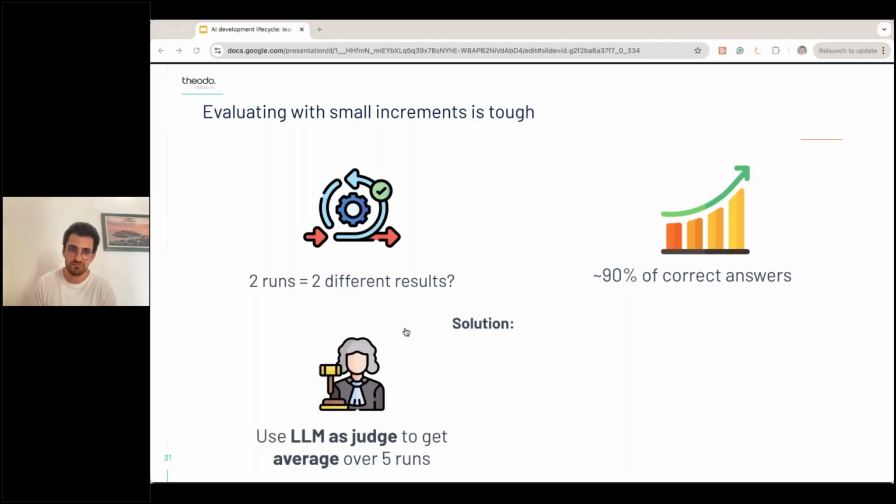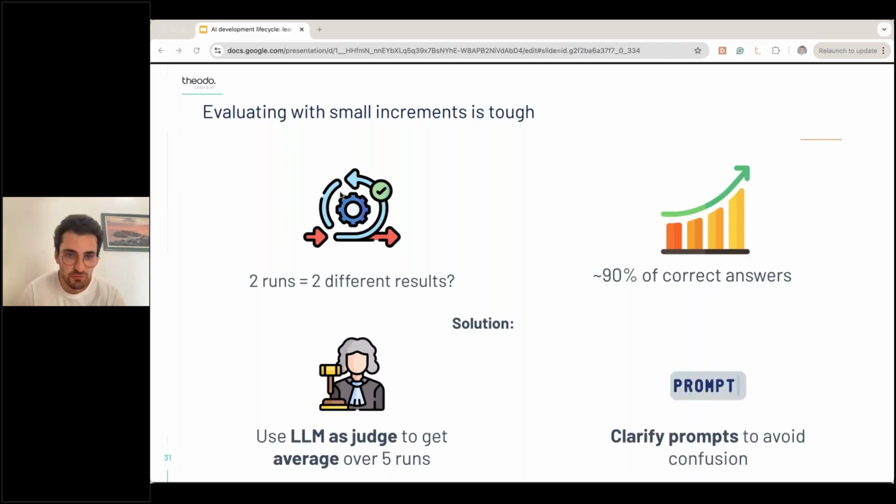What we did to overcome that, for the easy questions, because we reached 90% of correct answers on them, is use LLM as a judge to get an average over 5 runs. We were running our pipeline five times and evaluating it 5 times to get a kind of average.